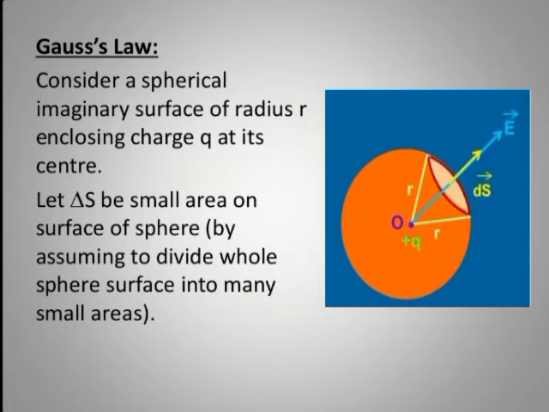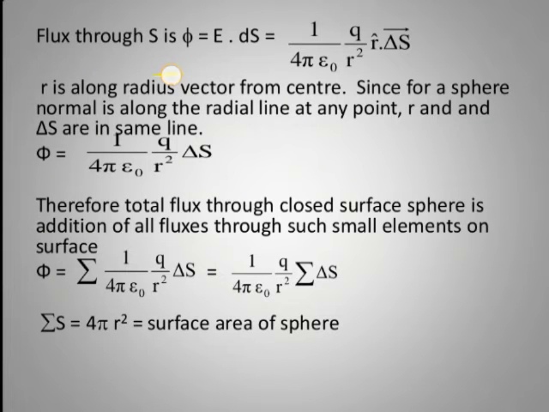Before going to the statement of the Gauss law, let us do a derivation which tells you the exact formula of electric flux. Okay, now if I consider the electric flux which we calculated earlier, that was phi equals E into ds. So what was the thing we studied according to the electric flux?